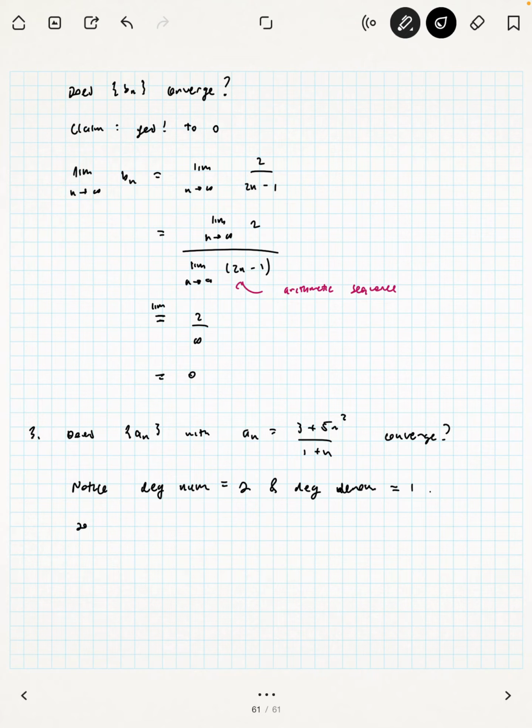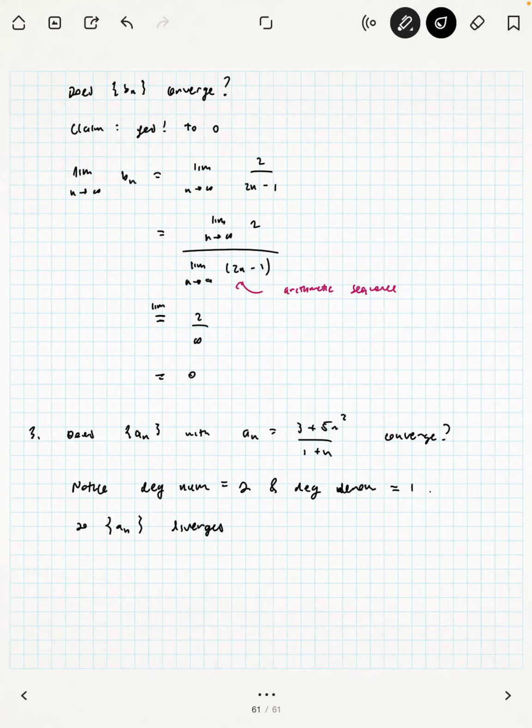The numerator is going to dominate. It grows faster as n goes to infinity. So a sub n diverges. If we match this to the function 3 plus 5x squared over 1 plus x, we know that it would have no horizontal asymptote.